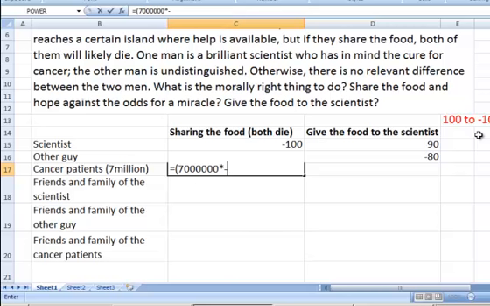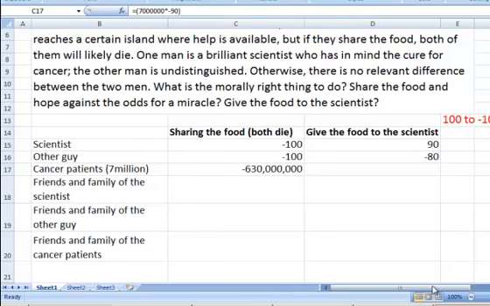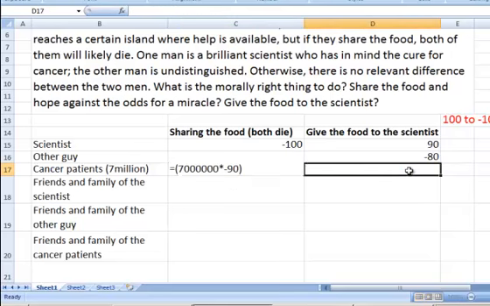So we'll just average that out to 90 each, so each one of them gets a value of negative 90. So all of them together, 630 million units of unhappiness are created for the cancer patients by sharing the food. That's obviously a lot. So let me just fill the rest of this in.